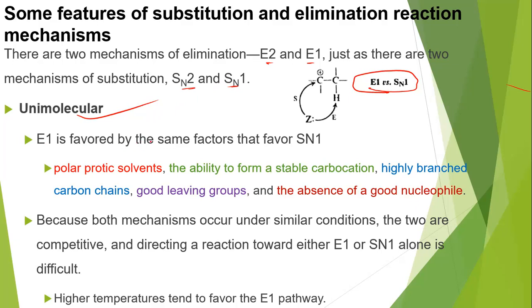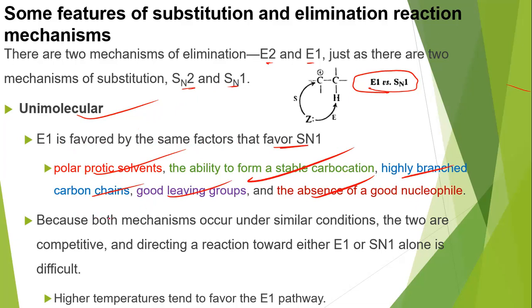Now, E1 is favored by the same factors as SN1. The factors are a polar protic solvent, the ability to form a stable carbocation, highly branched carbon chain, right, that's tertiary, good leaving group, and then the absence of good nucleophile. So these are factors roughly mentioned for E1 and then SN1.